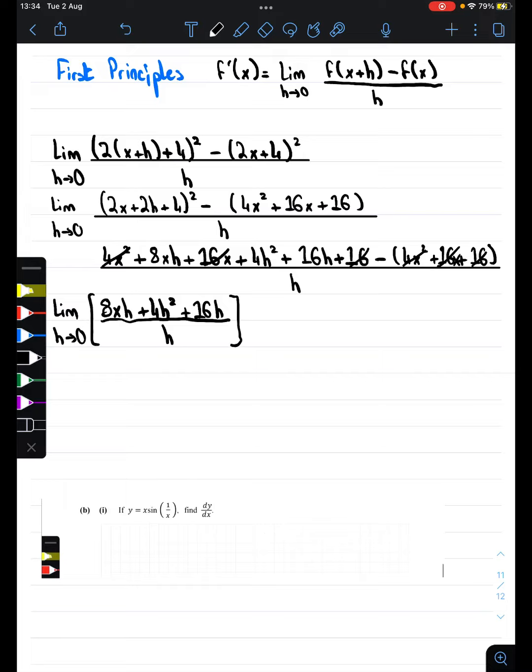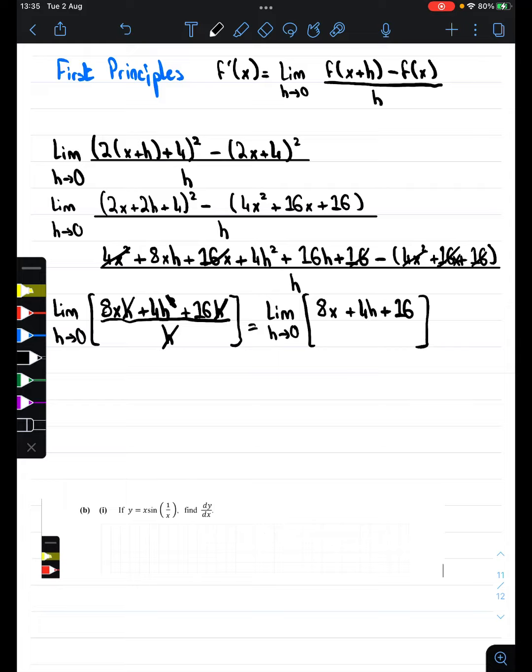Okay, and then the problem, we can't just throw in h equals 0, is that we get 0 on the top and 0 on the bottom. Okay, but because h is a common factor at the top and it's on the bottom, the h will just cancel. So we'll get the limit as h goes to 0 of 8x + 4h + 16.